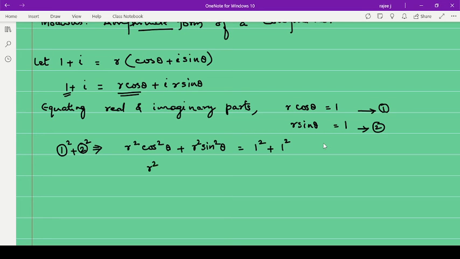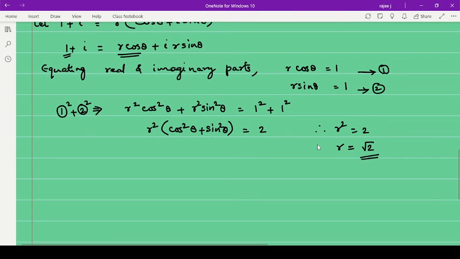Taking r square common, r square into cos square theta plus sin square theta equals 2. We know cos square theta plus sin square theta is 1, so r square equals 2, and r is plus or minus root 2. But r being the modulus, the length, we consider only the positive value, so root 2.